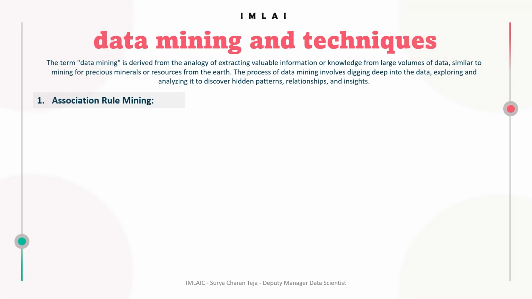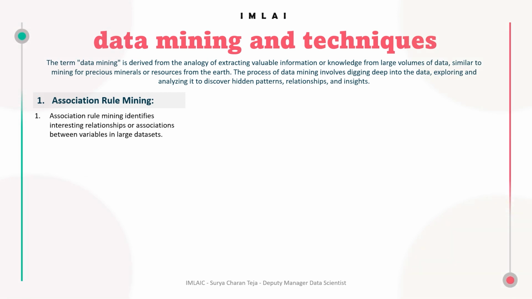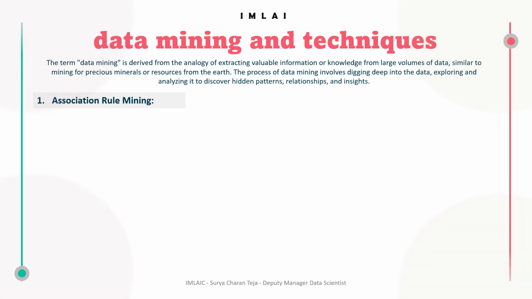Association rule mining identifies interesting relationships or associations between variables in large data sets. It aims to find frequent item sets and generate association rules that express the dependencies between items.